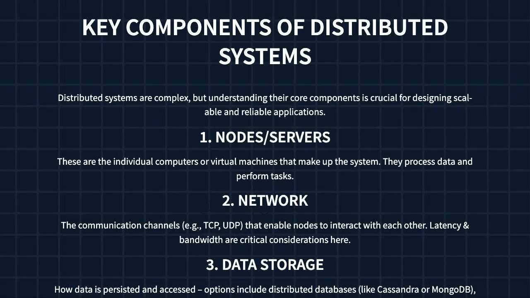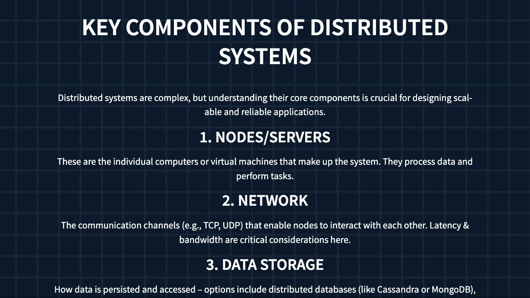Okay, let's talk about the building blocks of a distributed system. Think of it like this: you're not just running one computer anymore, you've got multiple nodes, which are essentially individual servers or machines working together. They need to be able to communicate, so a robust network is absolutely essential. And how do they actually store all the data?